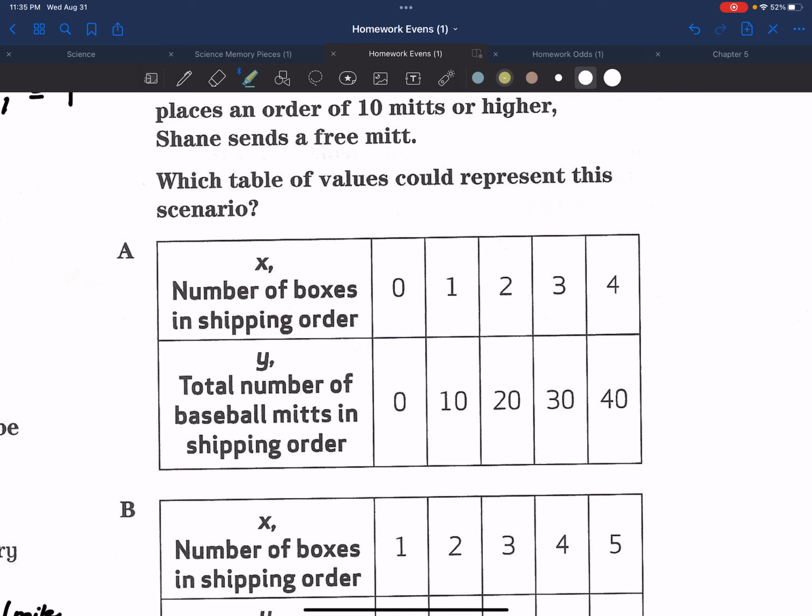That's not it, because remember, with 1 box, you get 10 plus that extra one. So this should be an 11 for this to work out the way it's supposed to. So there's a violation.